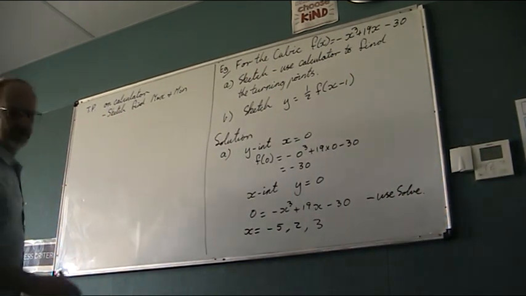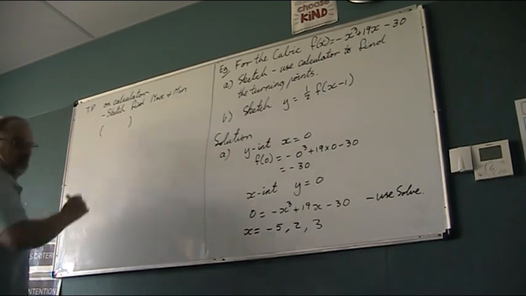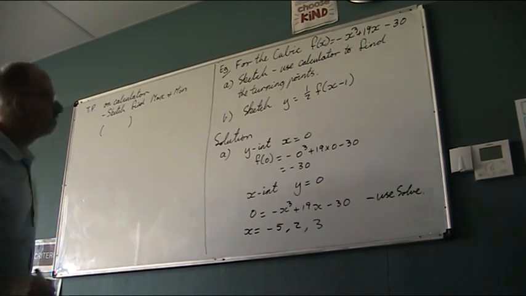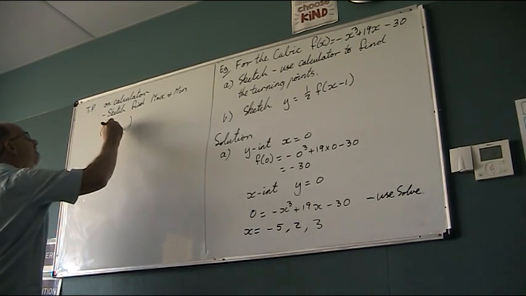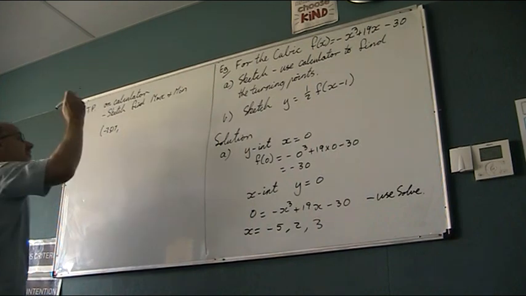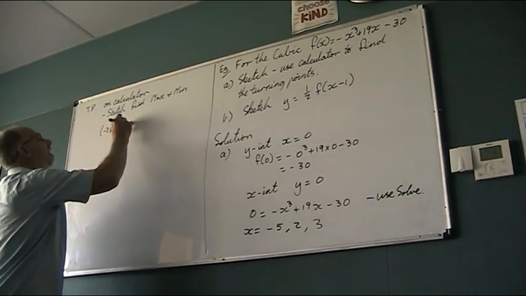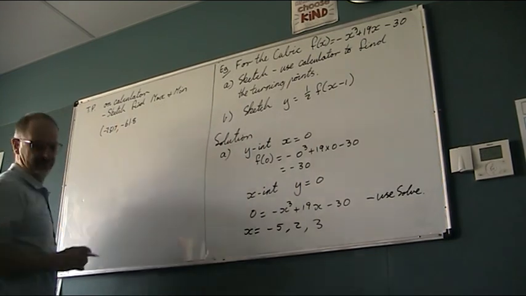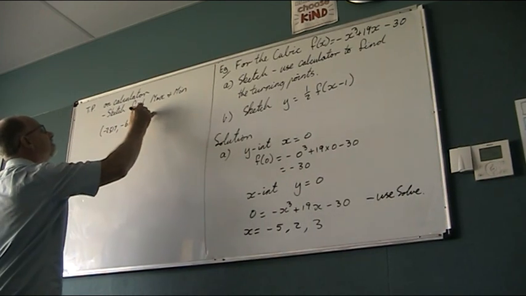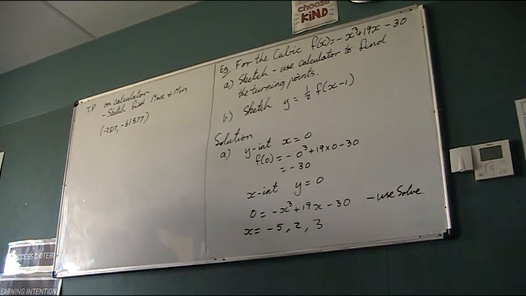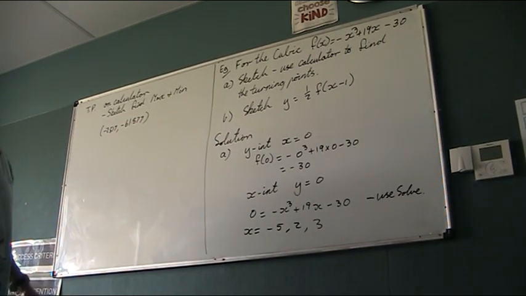Now when you do that, you will get 1 point, that's negative 2.517, negative 61.877. And on the exam they will always tell you how many decimal places they want if you're doing this.